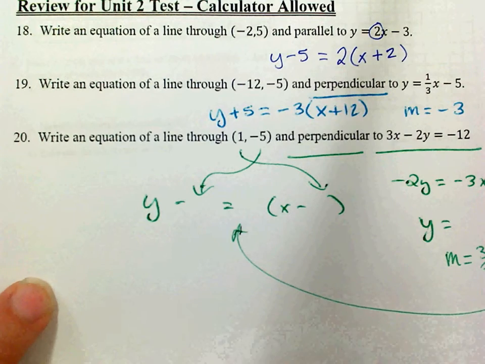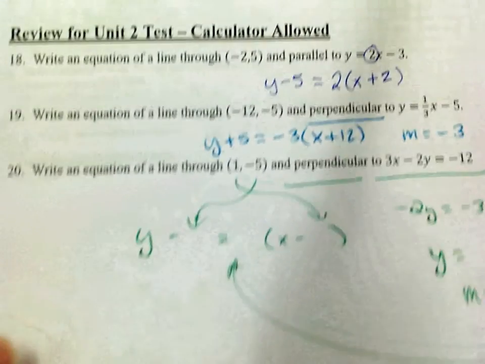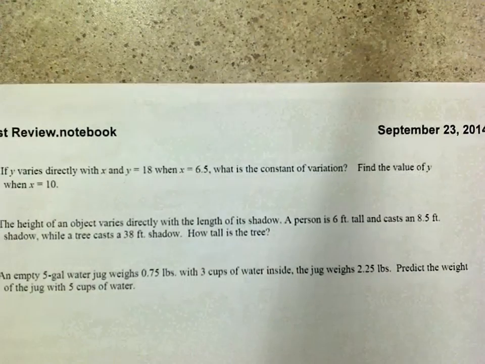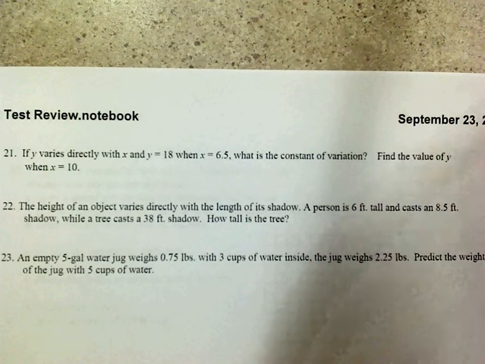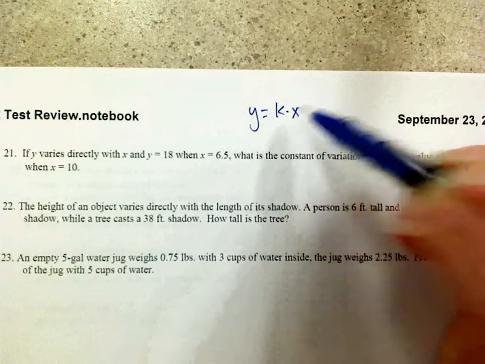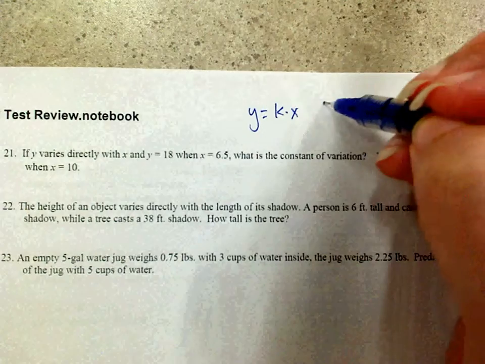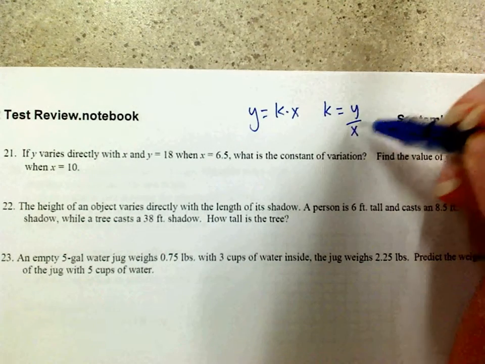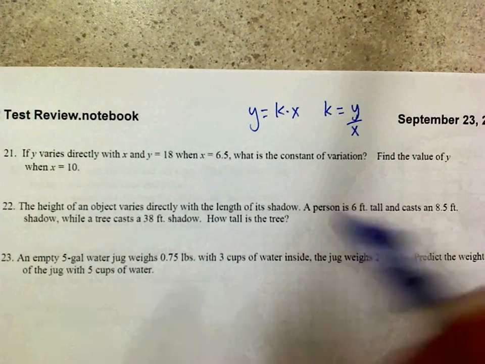Do y'all remember direct variation? In direct variation, y is some constant times x, right? And that constant is y divided by x, okay? So if y varies directly with x, and y equals 18 when x equals 6.5, what is the constant of variation?